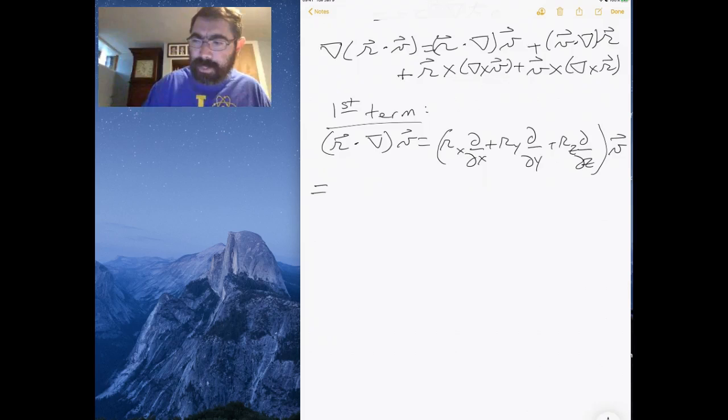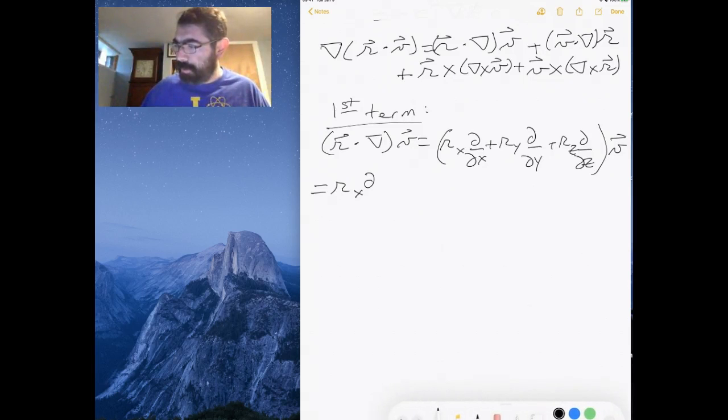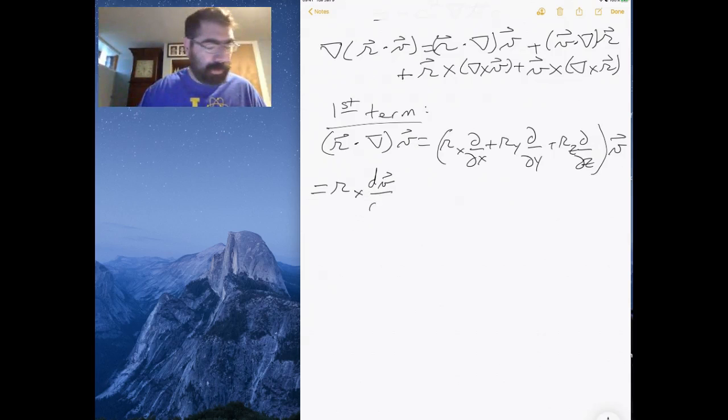Which means we have Rx, not partial, but R, so the x component of R times the derivative of V with respect to the retarded time, and then dt_r/dx.